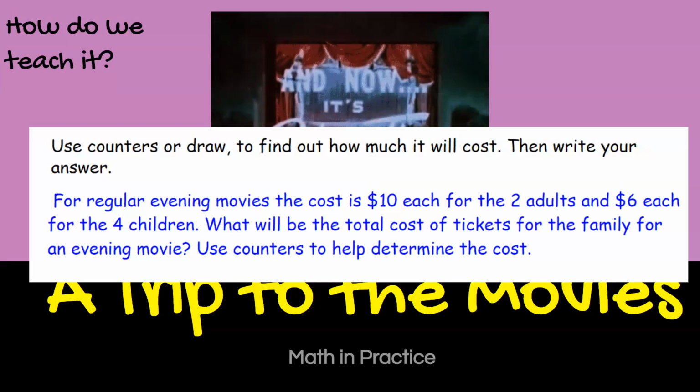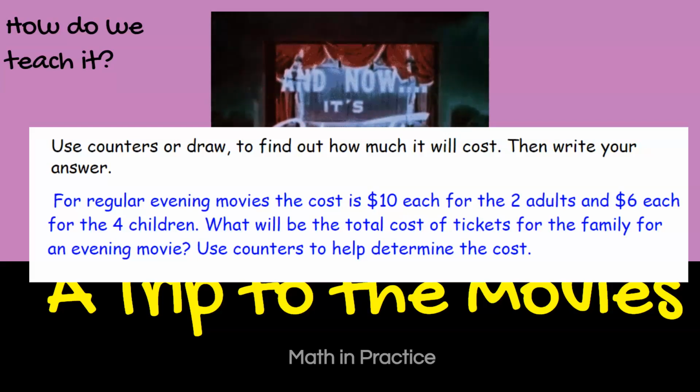Now, so we're going to do a trip to the movies, and it's going to have some little movie clips in between on each slide, but then it's going to have some movie questions that will help the students use these things when they're using the counters, because we want to teach this conceptually and in context of a word problem. So this is one of the word problems when we go do a trip to the movies.